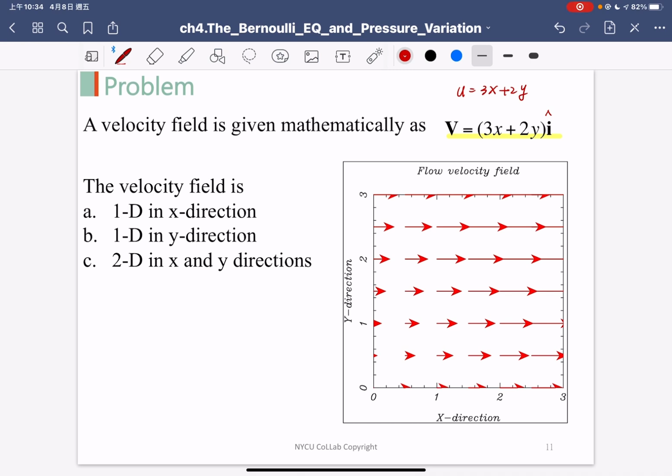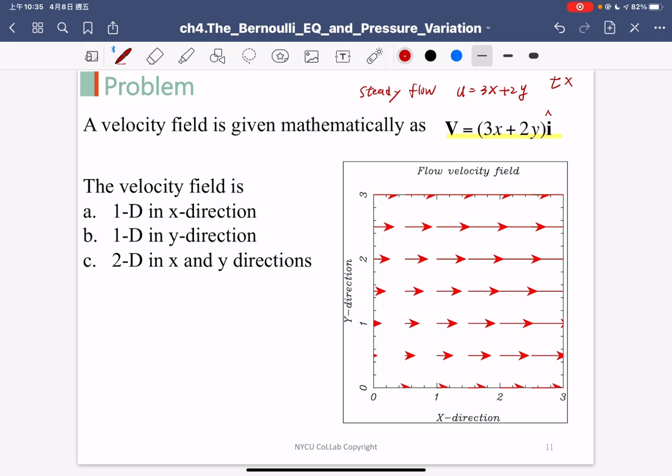So that means the flow for this case is steady, because the velocity doesn't change with time. So the first point is that this is a steady flow.